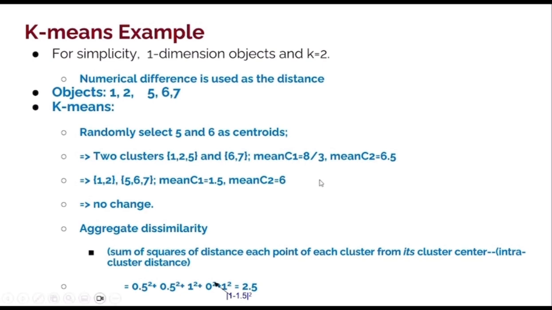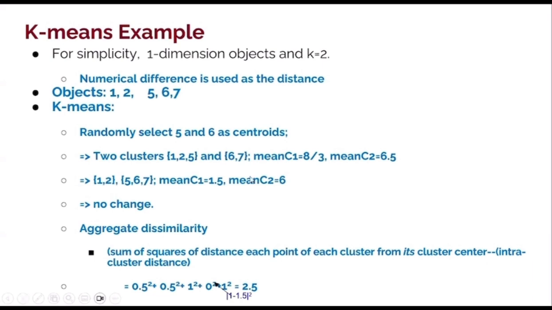Now I need to rearrange. I need to use the idea of the mean here to assign. So in this cluster here, I'm only going to assign numbers that are very close to the mean, very close to 2 point something, 8 divided by 3, so that's 2.7. The numbers very close to 2.7 are still 1 and 2.